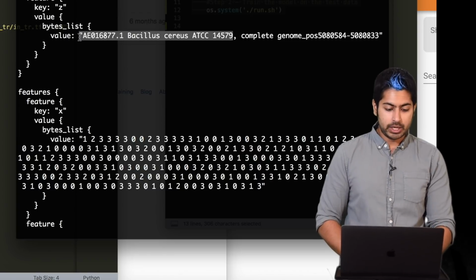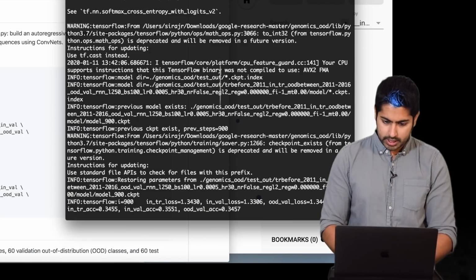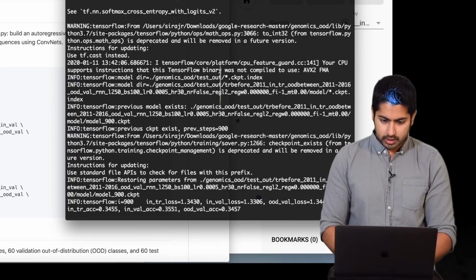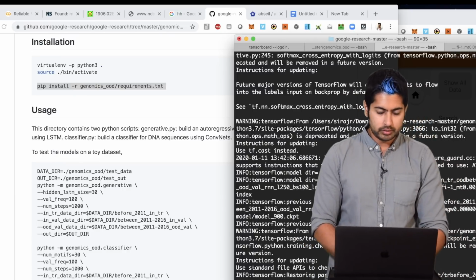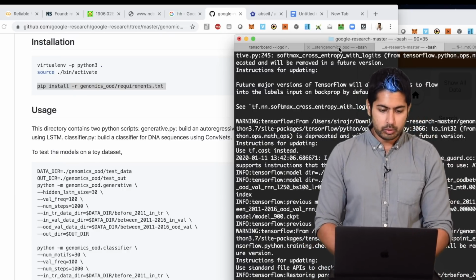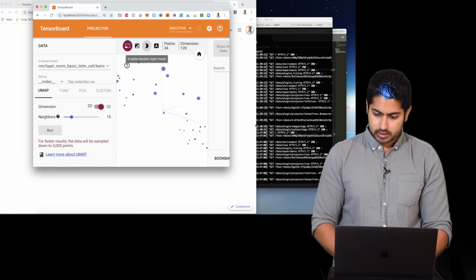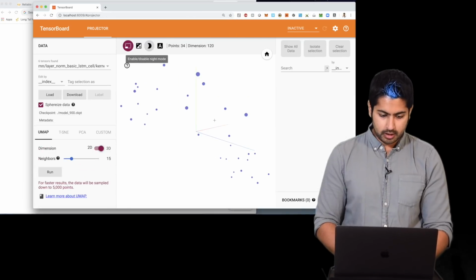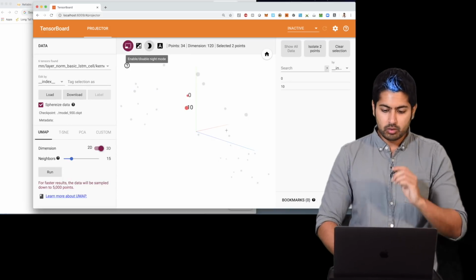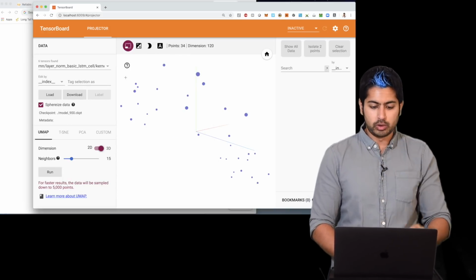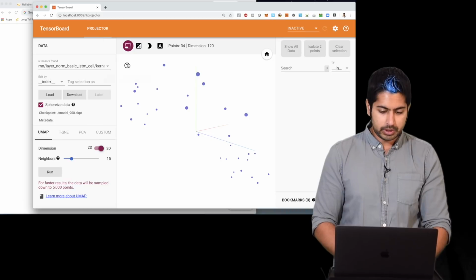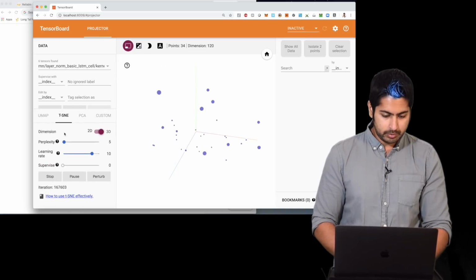And so once we do that, then we can train the model. And while it trains, we're going to open up TensorBoard, and that's going to start running on our local host, so we can visualize this data. We'll open that up right here. And so this is basically a way for us to just visualize the data that we have. We can play around with it. We can look at it. We can examine it.